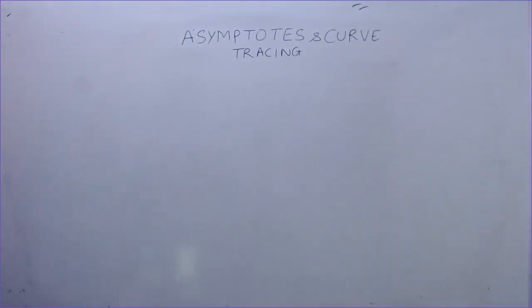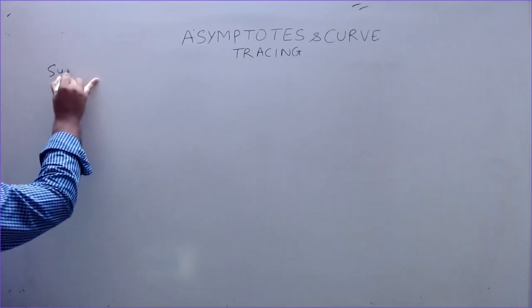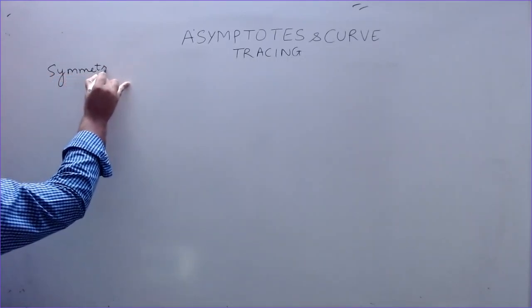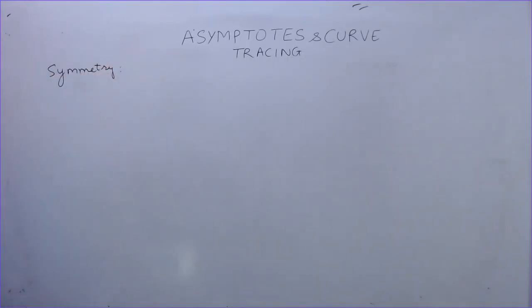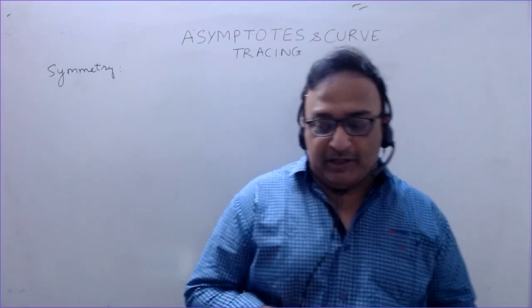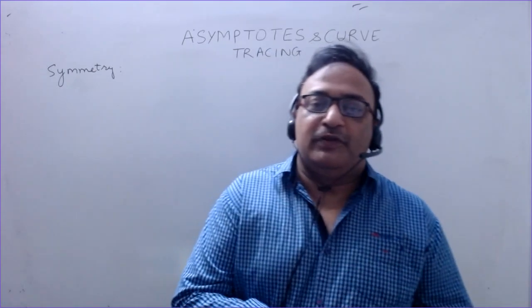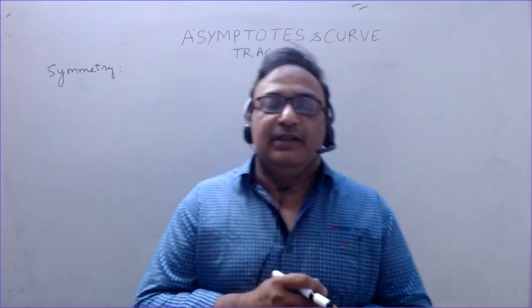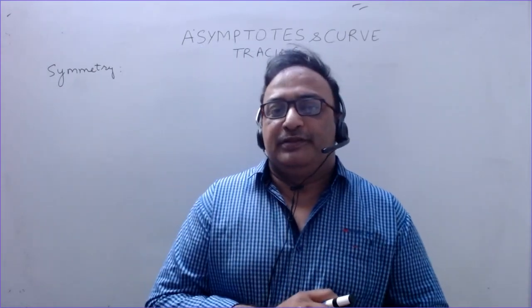There are a few steps. First is symmetry of the curve. Symmetry means having the same shape on both sides. So we have to check the symmetry about the x-axis, about the y-axis, about the line y equal to x, and in opposite quadrants.